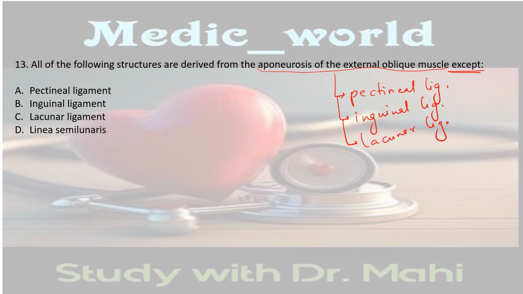Pectineal ligament, yeah, it is derived from the external oblique muscle. Inguinal ligament, yeah, it is derived. Lacunar ligament, it is derived. But linea semilunaris, it is not derived from the external oblique aponeurosis because it is derived from the internal oblique aponeurosis.